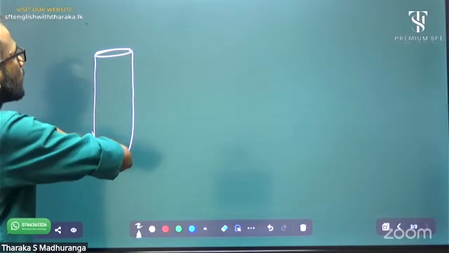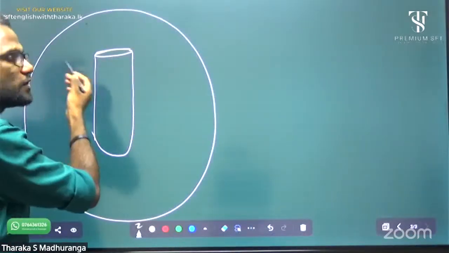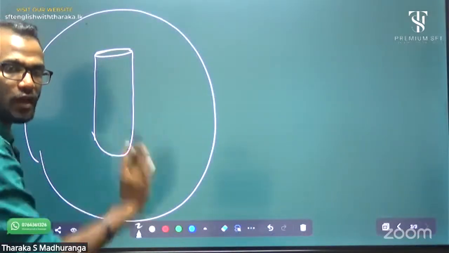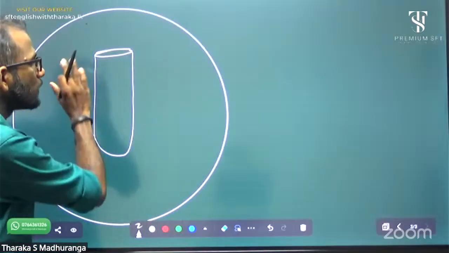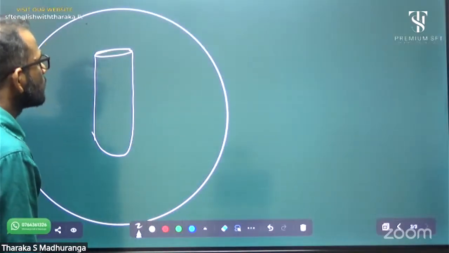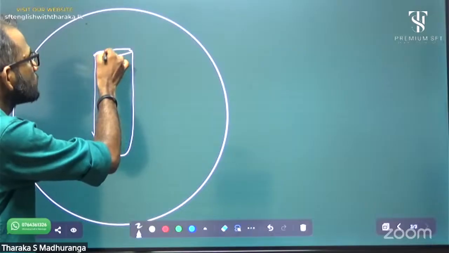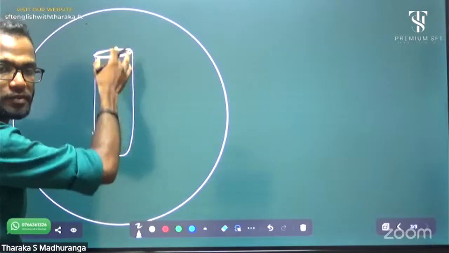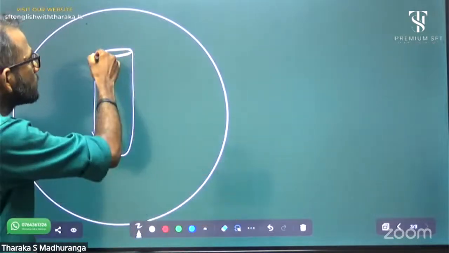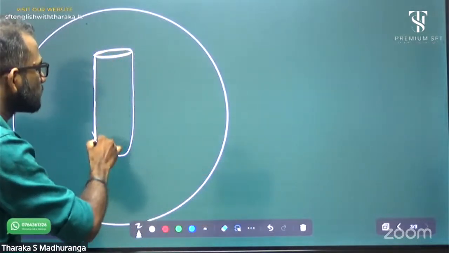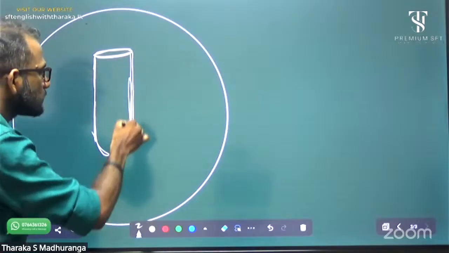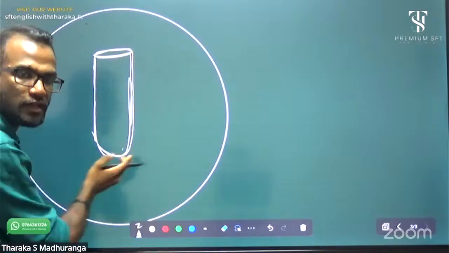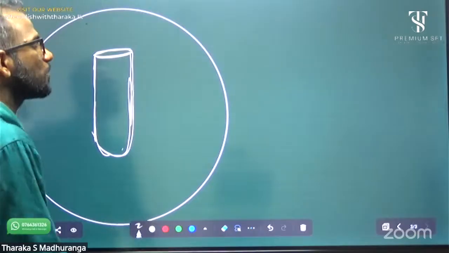Except the system, all other areas in the universe are what we call surrounding. The glass surface is the system boundary. It has a physical boundary, no problem.